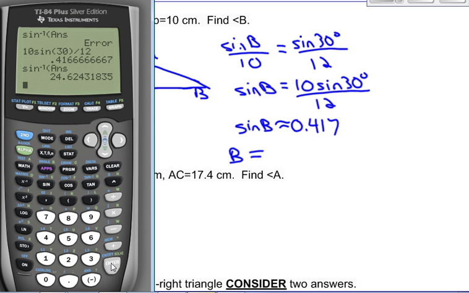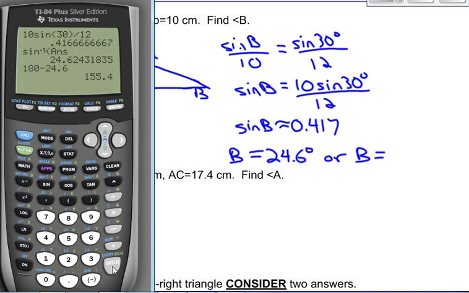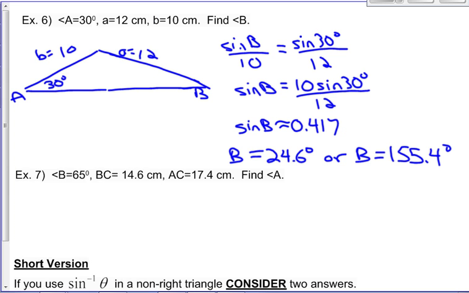B is either 24.6 degrees, or B is 180 minus 24.6, 155.4. I'm considering both options here. And I do this every time I use inverse sine.